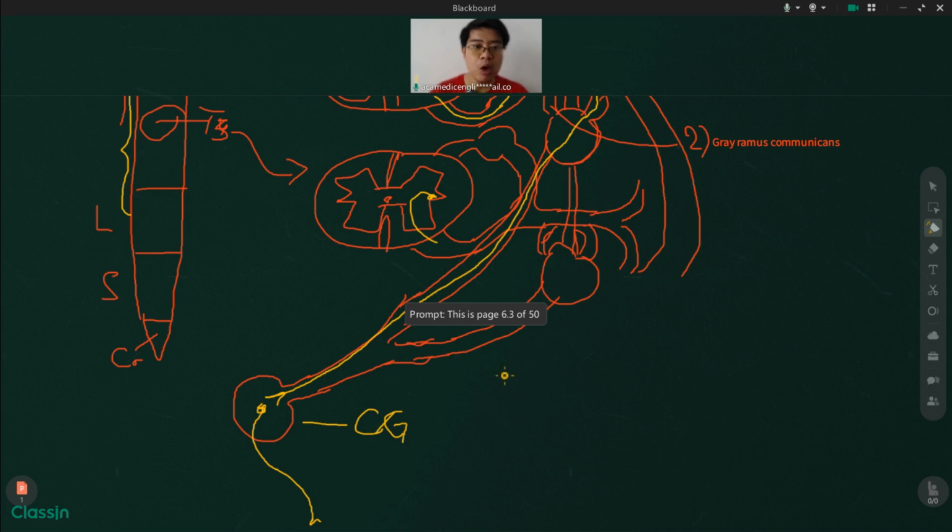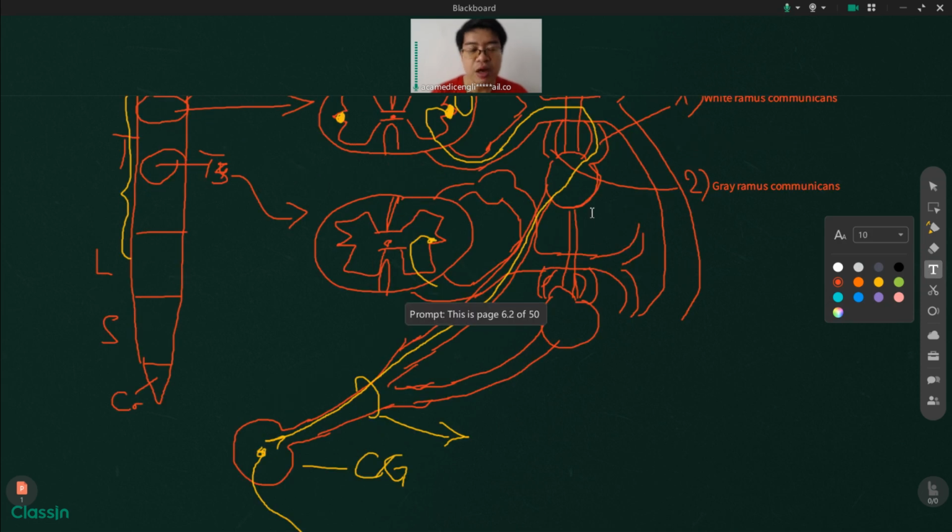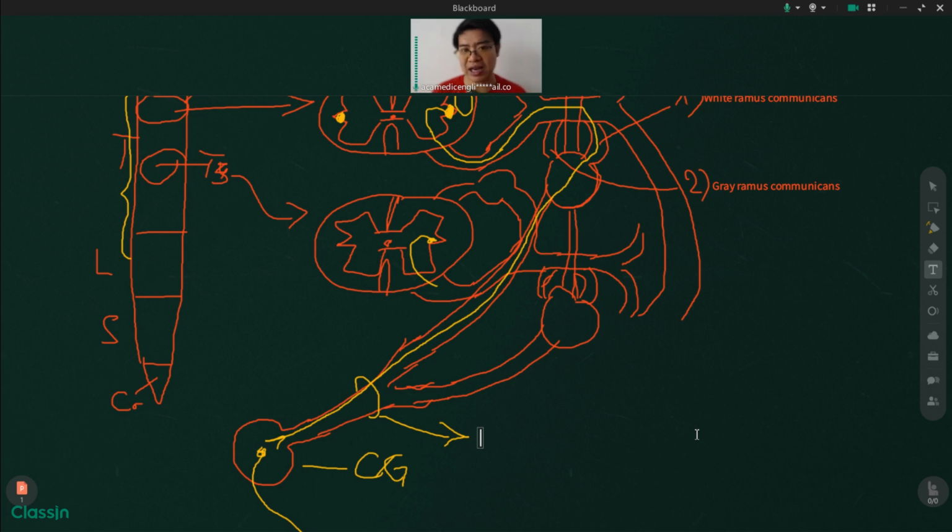Okay, so now what is a splanchnic nerve? Essentially, the splanchnic nerve is a nerve that originates from branches coming from the paravertebral ganglia, and they will go to where?